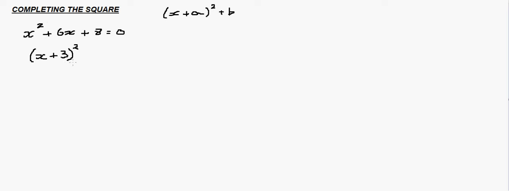Now I'll explain to you what happens. X plus 3 all squared would be x plus 3 multiplied by itself, x plus 3.